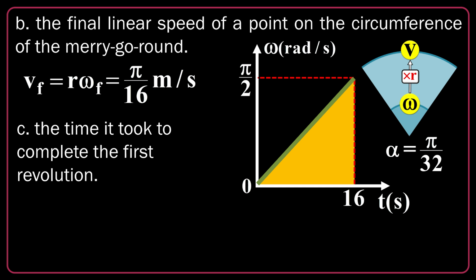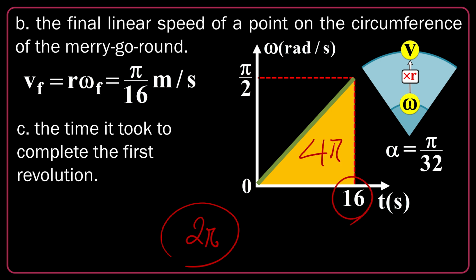Okay, part C. The time it took to complete the first revolution. Guys, first revolution means that it goes through one complete circle. It is 2 pi. So the area under the graph, as you remember, was 4 pi in 16 seconds. I don't know how many seconds it takes to have just 2 pi change.